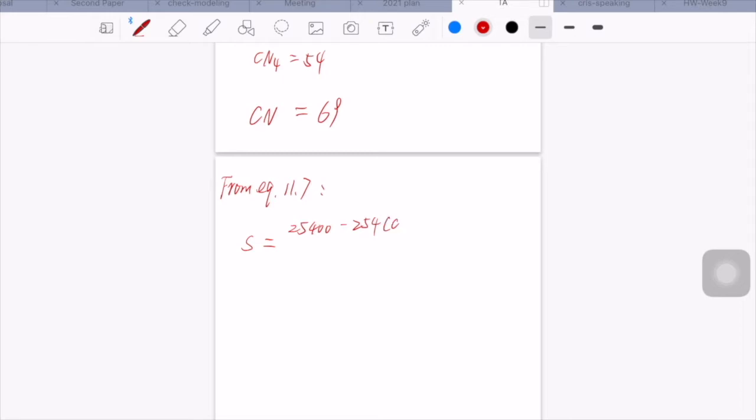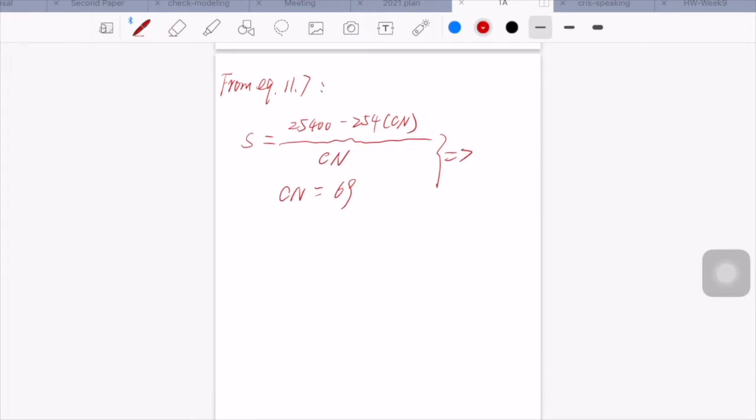And we know CN equals 69, so we can determine S is 114 millimeters.